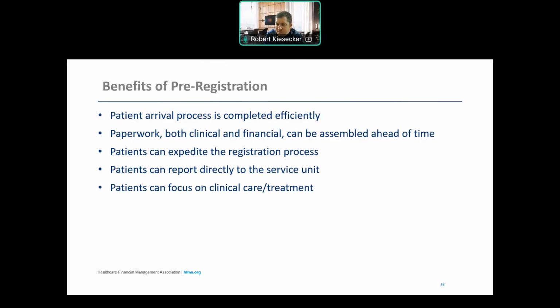That way the patient can focus on whatever testing or treatment or medical side needs to happen. If you can get that patient resolved administratively, then they can focus on the reason they're there, which is to see that provider and get the treatment or the exam that they need to have done.